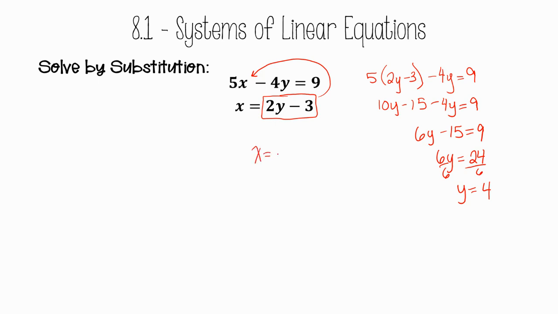So I get x equals 2(4) minus 3, and I'll substitute this back in. Hopefully this is just a memory recall for us. And we always want to write our solution as a point. So my x is 5 and my y is 4. And I'm done.